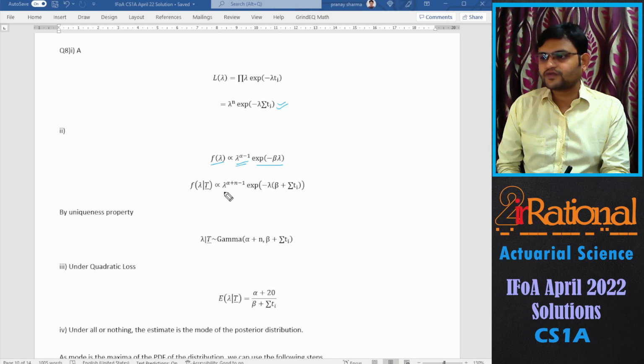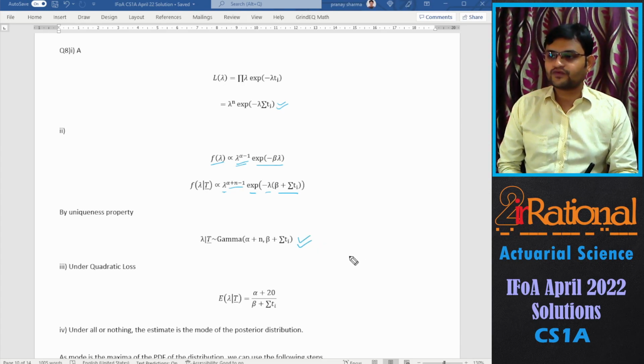We'll multiply both of them and we get lambda raised to alpha plus n minus 1 and e raised to minus lambda times beta plus summation ti. So by the uniqueness property, our posterior of lambda would follow a gamma distribution with alpha plus n, comma, beta plus summation ti.